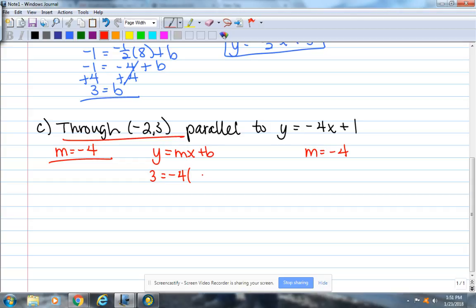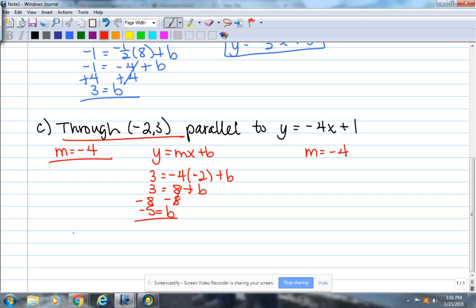What's x? And what's -4 times -2? +8. And now subtract 8 on both sides. And what do we get for b? -5. So I've got m, I've got b.